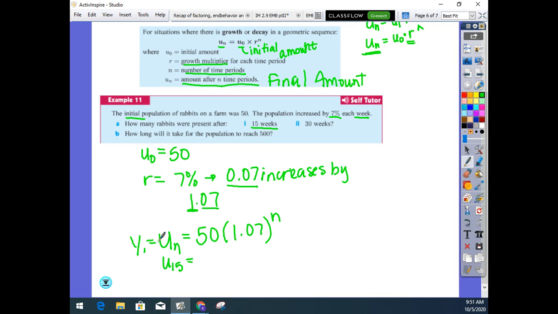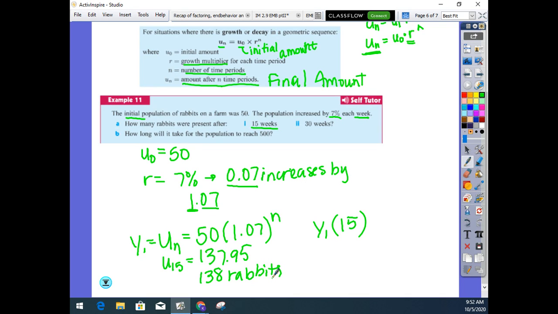And then if you go to your home screen, so second, quit, you can literally type in Y sub 1 parenthesis 15, and it tells you the answer, which is 137.95. All right, so how many rabbits are there? We don't have 0.95 of a rabbit, so there's 138 rabbits.